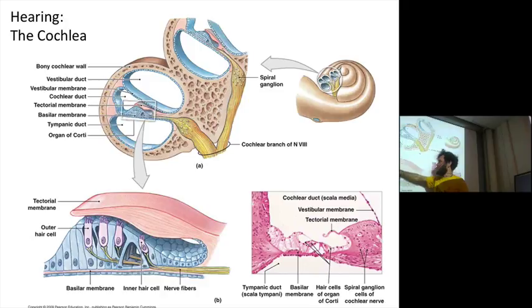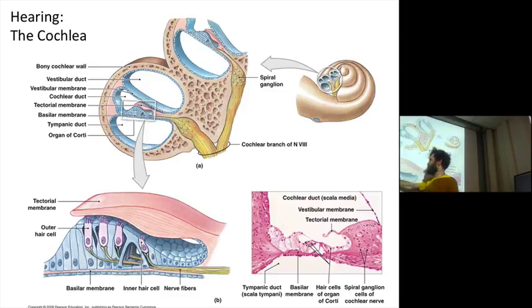These hair cells are going to interact with this tectorial membrane. It's going to knock over the projections, the hairs on these hair cells, and that's going to open up mechanically gated channels. That's going to cause a depolarization and a signal to come out. Okay, you see how that works?